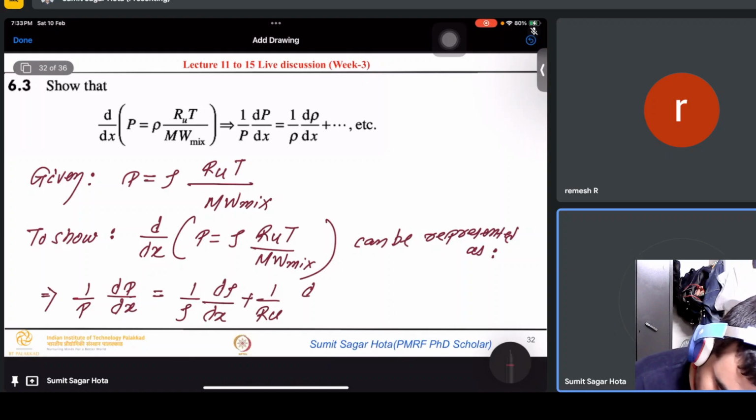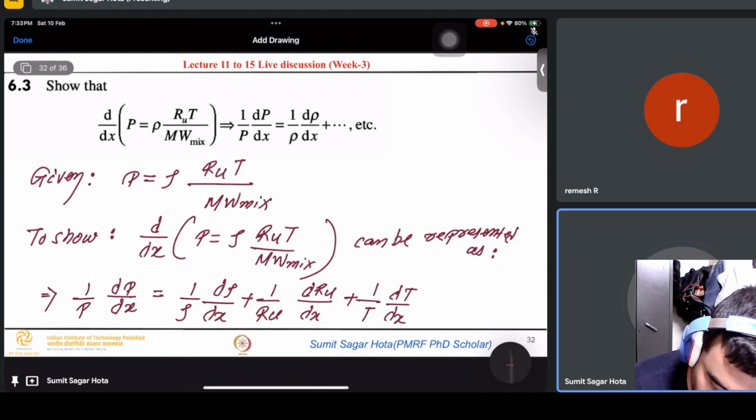Ru by dx. The molecular weight of the mixture is in the denominator.